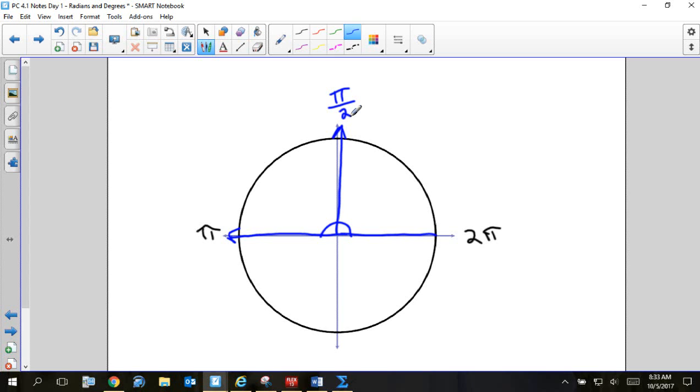Because I took pi, the top half, and I divided it into 2. So if I took the top half and I divided it a little bit more, how many sections did I take the top half of pi and divide it into? 4.